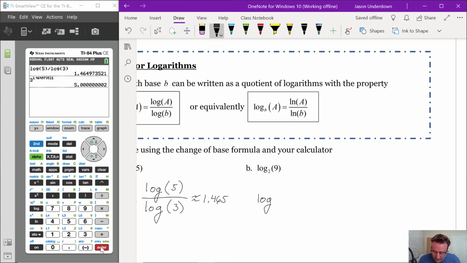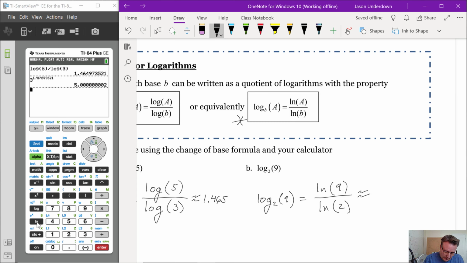But the way we figure this out or compute this exactly is by, here I'll use this version. We take the natural log of the argument, which in this case is 9, divided by the natural log of the base, which in this case is 2. On most calculators, the natural logarithm is ln.